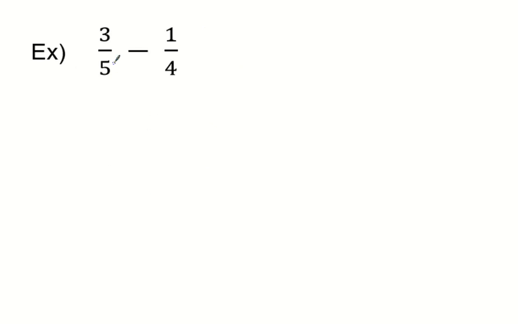Now this one, you'd have to change both the 5 and the 4. You could change them both into 20. So I'd have to multiply by 4 and that by 5. So this would be 12/20 minus 5/20, and I think that would be 7/20.